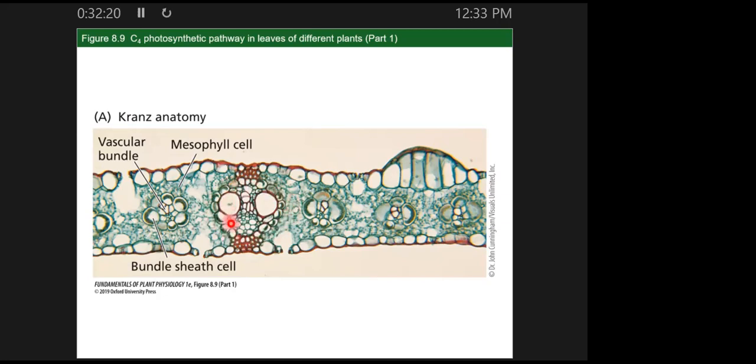And you can see around the central vein, around the minor veins, the bundle sheath is very obvious. They're big and plump. Also, you see that the mesophyll cells are pretty much just all spongy mesophyll. You don't see the palisade mesophyll or parenchyma, or those column-looking cells.